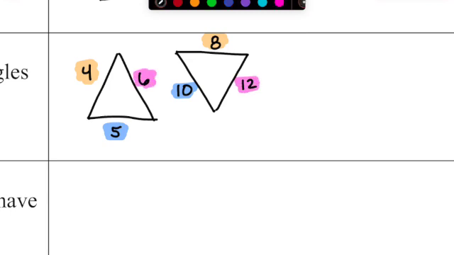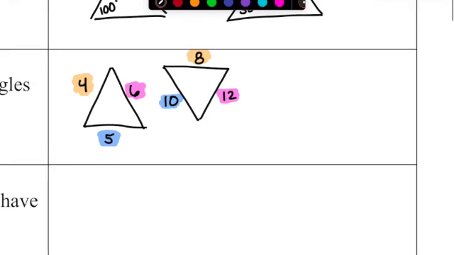And what we have to do is we have to ensure that they have the same ratio. So here's what we do. Everything over here is going to go on top. Everything over here is going to go on bottom. So we've got 4 over 8, we've got 5 over 10, and we've got 6 over 12. Sorry if you hear weird noises in the background.